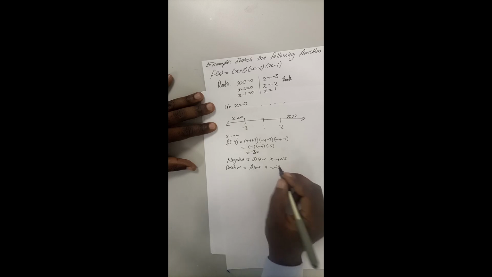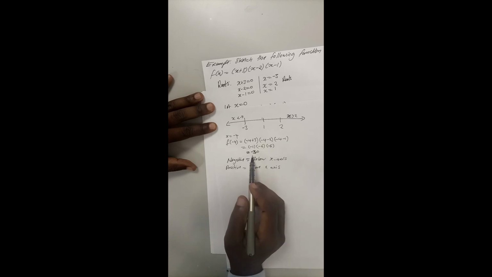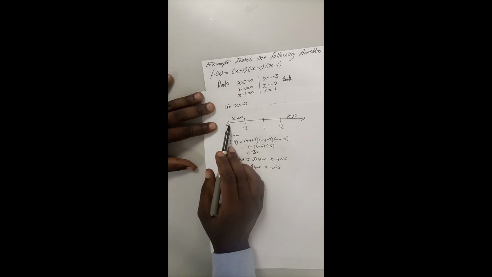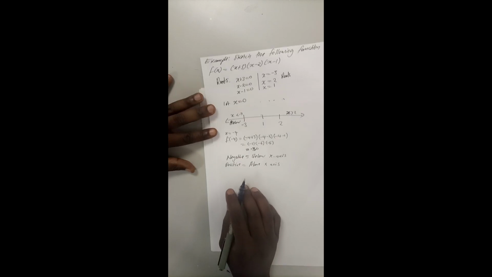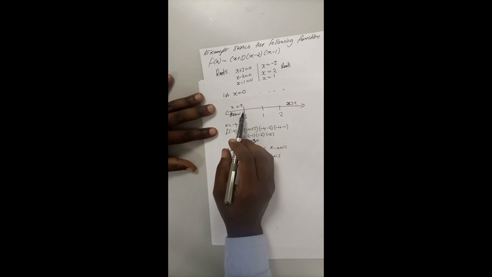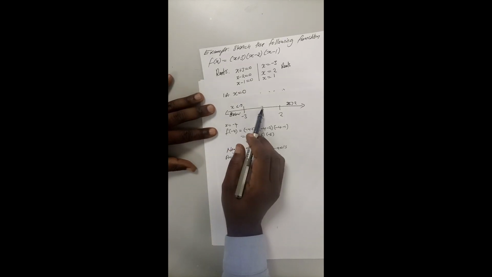The function is passing above the x-axis. So for the first region, values less than negative 3, we should expect it to be below the x-axis. We go for the values between negative 3 and 1.